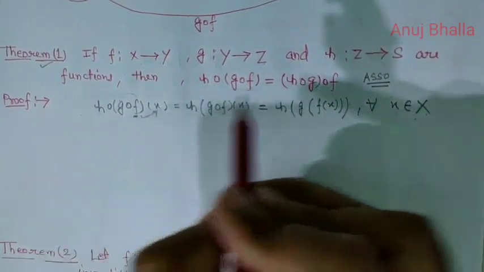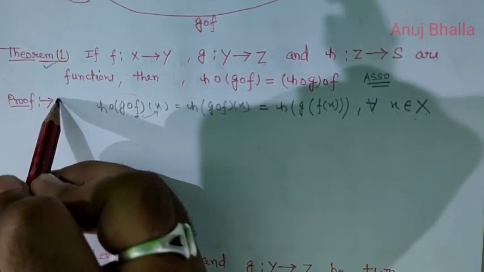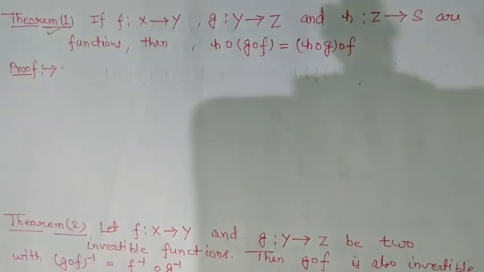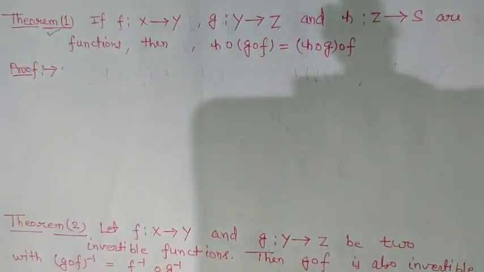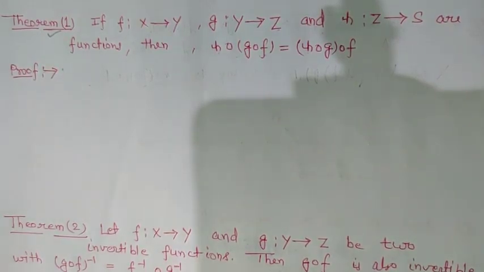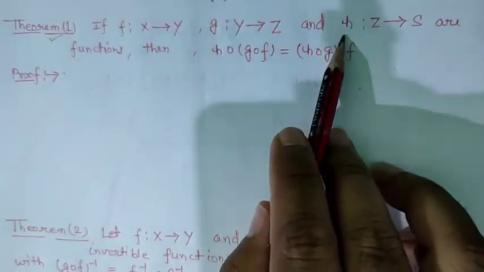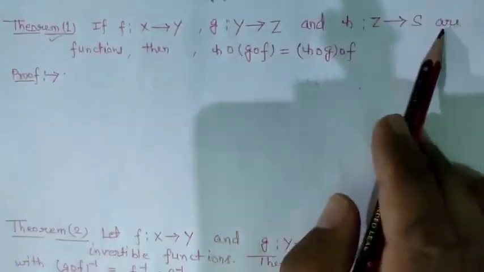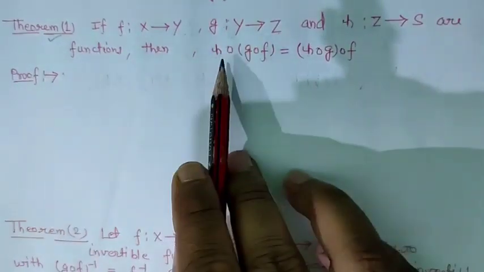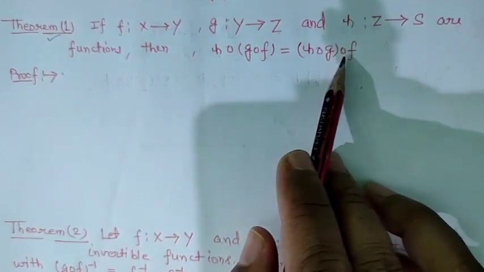Now, using the property of definition, we will prove two theorems of composition of functions. Theorem 1 says if f from X to Y, g from Y to Z, and h from Z to S are functions, then ho(gof) = (hog)of.